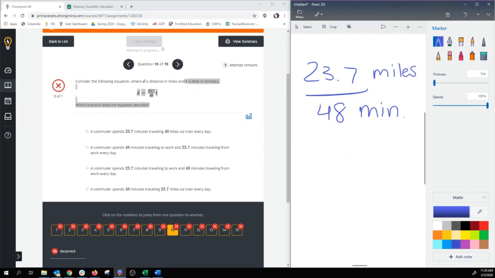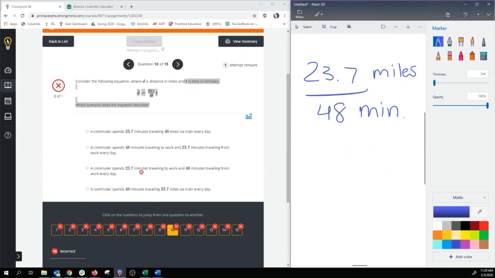And you can kind of think about it like if you're driving on a freeway, it's always like 60 miles per hour. So it should be miles per hour, but here it's minutes. So this is telling me that if I have to drive 23.7 miles, it's going to take me 48 minutes.